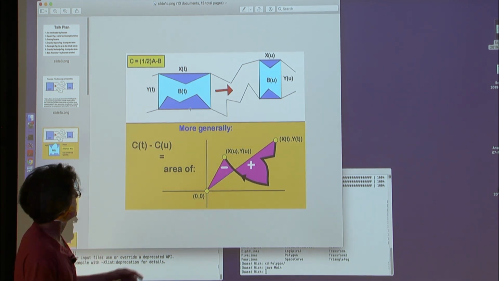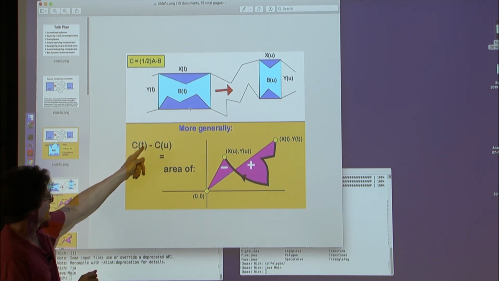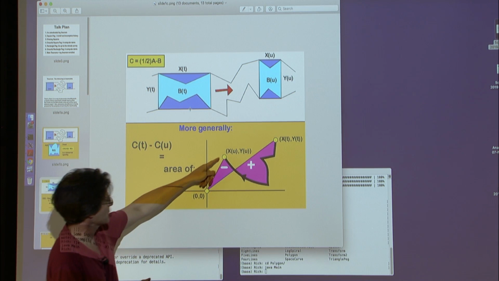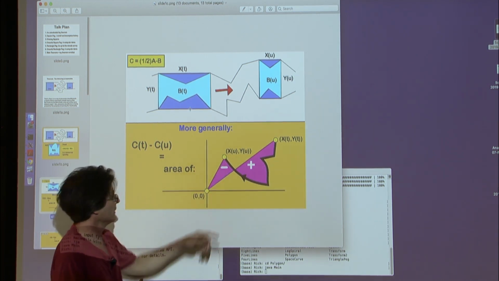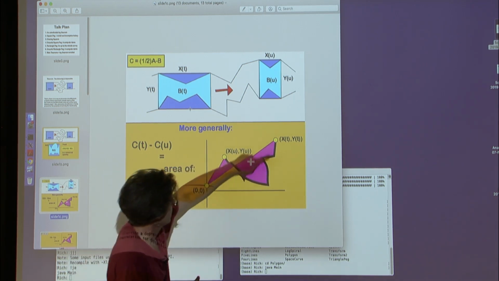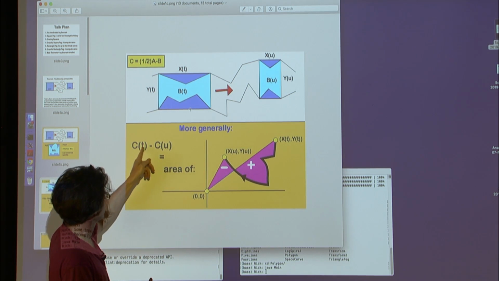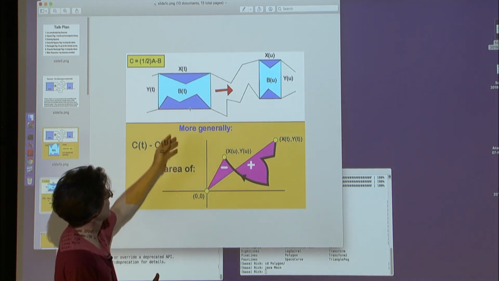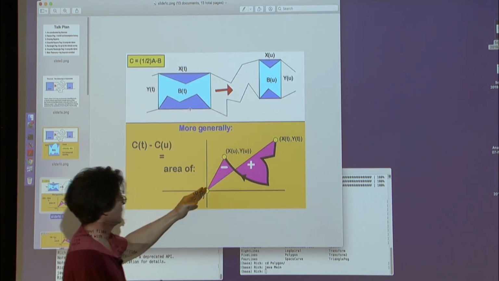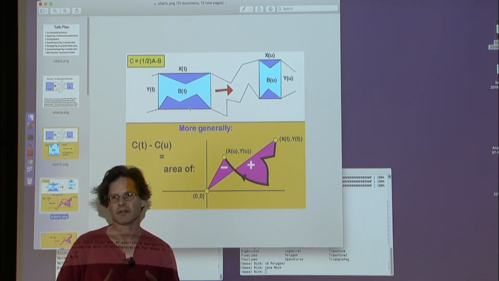And what turns out to be true is that you take C of t minus C of u, and this path is computing the length and the width of the rectangle. And you just make this curve, and you take its signed area. And what I'm saying is that this is a more general case, and it reduces to the case where, if this has constant aspect ratio, then the curve just stays on the diagonal, and then it's 0.